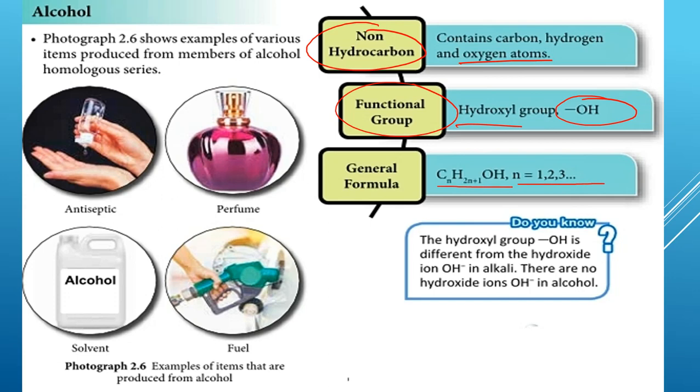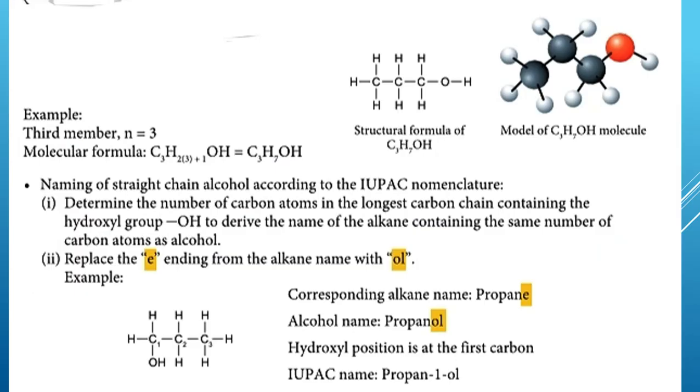So these are examples of various items produced from alcohol: antiseptic, perfume, fuel, and alcohol as a solvent. These are examples of alcohol.